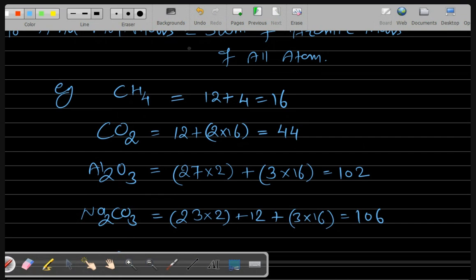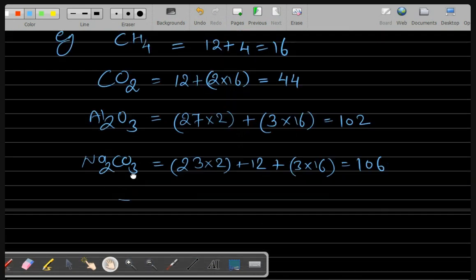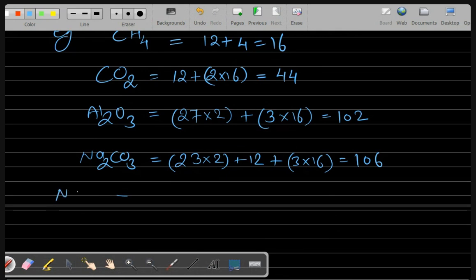One more last example we should take. Ammonium sulfate.